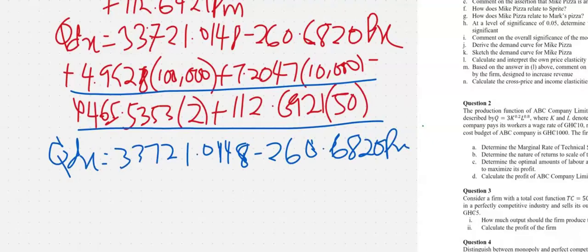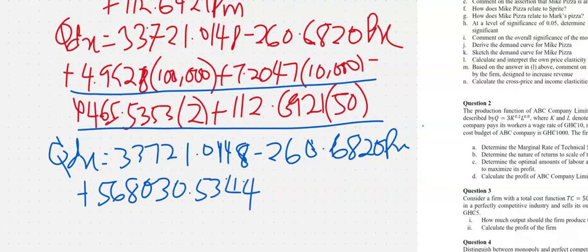Then plus, adding all those I have underlined above, you're going to have 568030.5344. And don't forget, we have to group like terms, right?